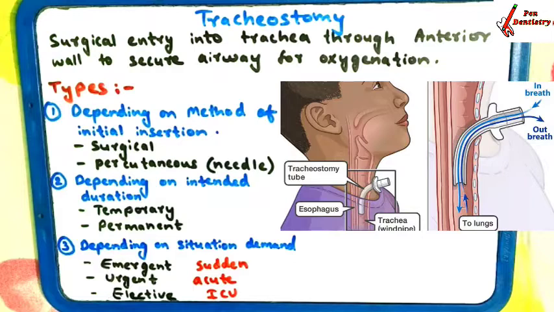So this is the phase of the elective one. Emergent is sudden need of tracheostomy, urgent is the acute phase, and elective is when the patient is in the ICU.